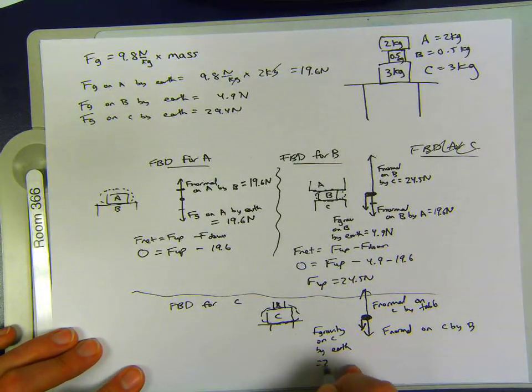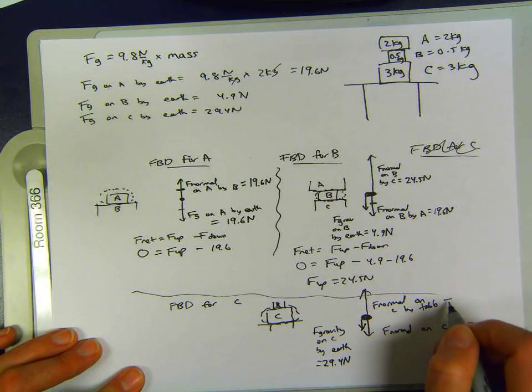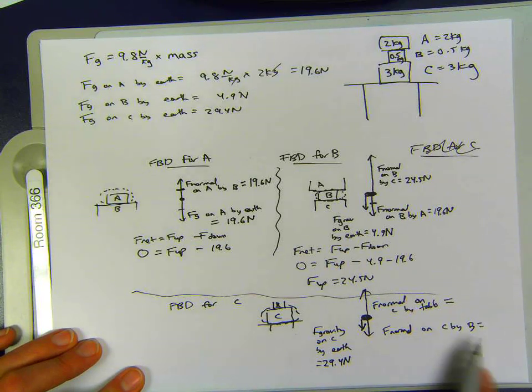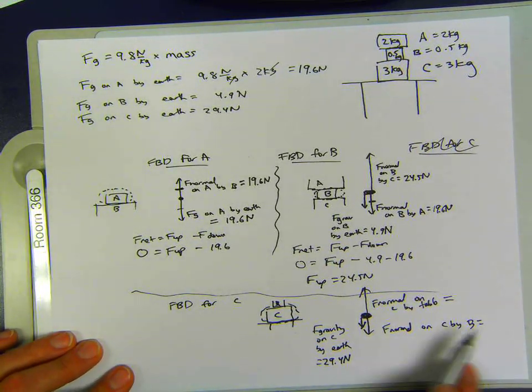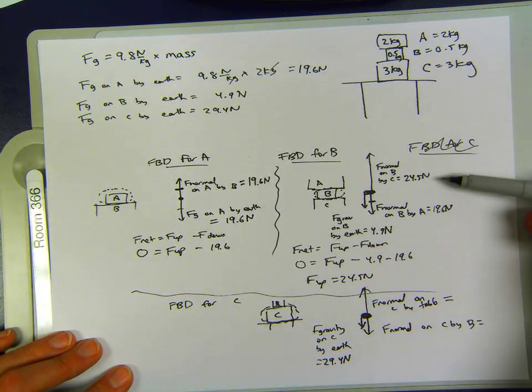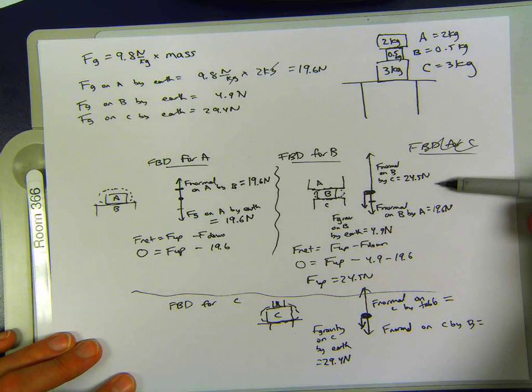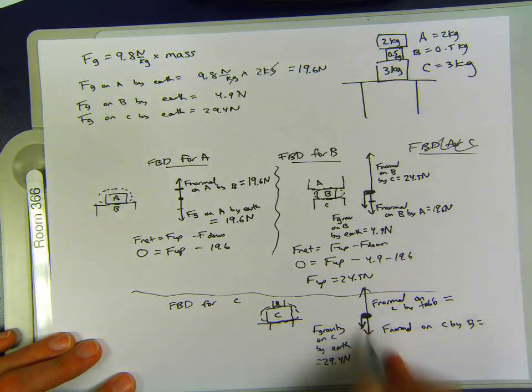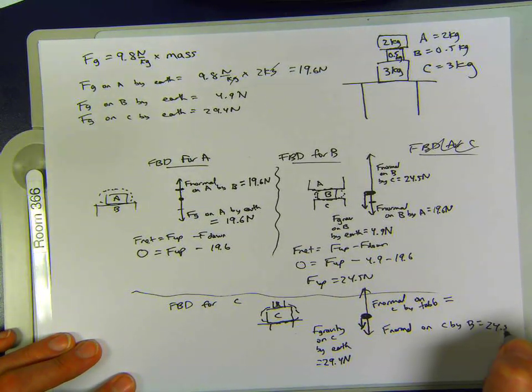That one's 29.4. Then I'm stuck with two unknowns until I realize the normal on C by B is the same size but the opposite direction as the normal on B by C, which I solved for here. C pushes up on B 24.5 newtons, so B must push down on C 24.5 newtons.